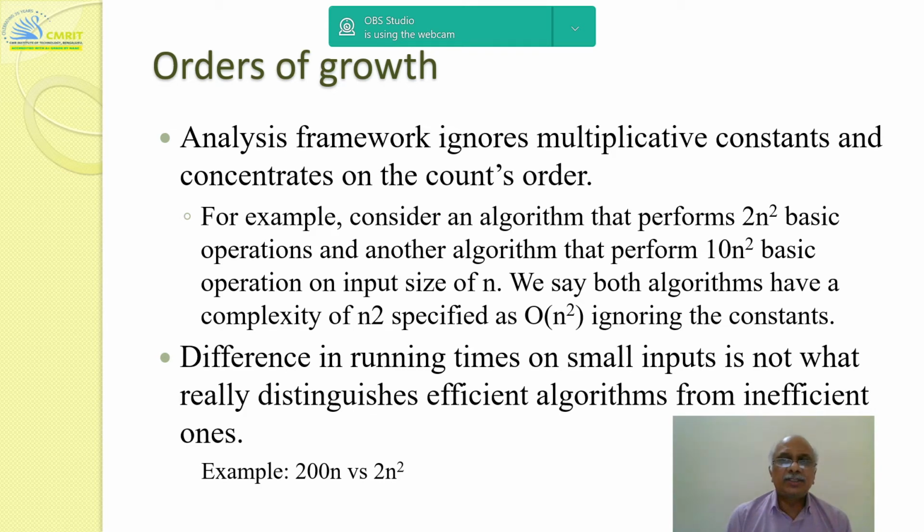That's how we arrived at these numbers. But since we are ignoring these multiplicative constants, we say that both of these algorithms have the same complexity. Both of these algorithms have complexity of n squared, and we specify that using the big O notation as big O of n squared. We will look at the different notations like big O, small o, big theta, etc. at a later point of time.